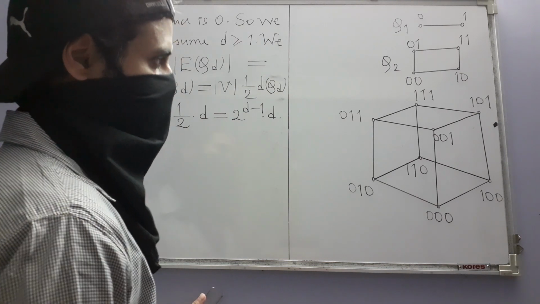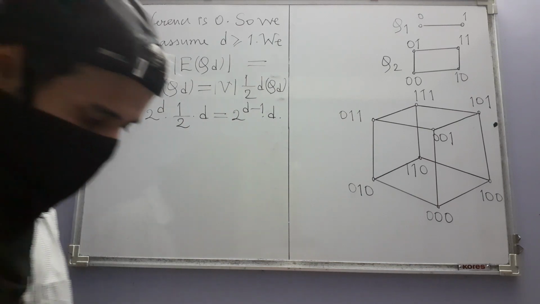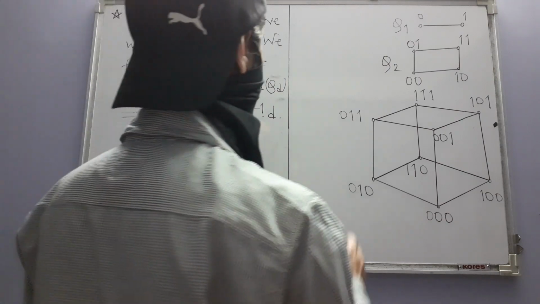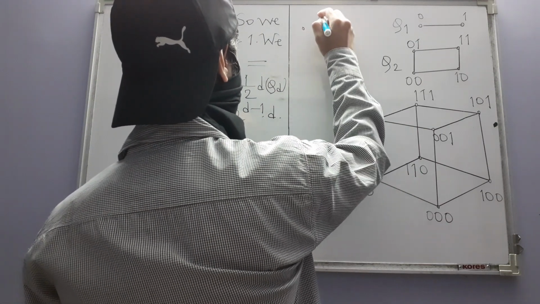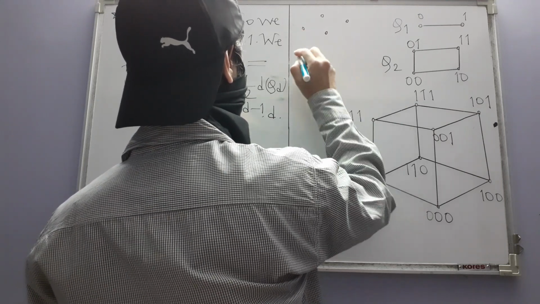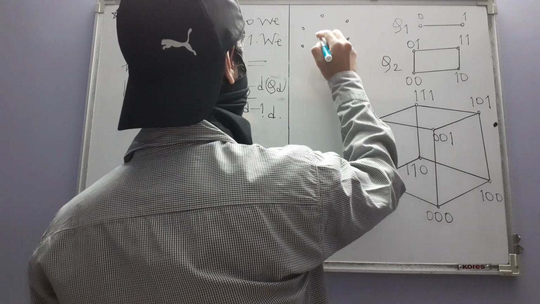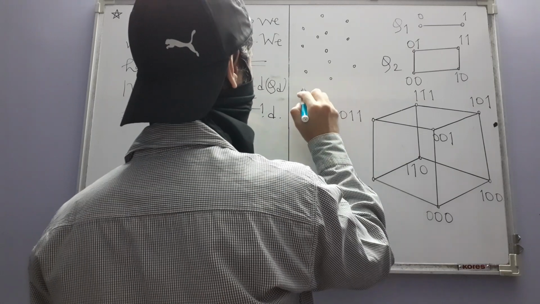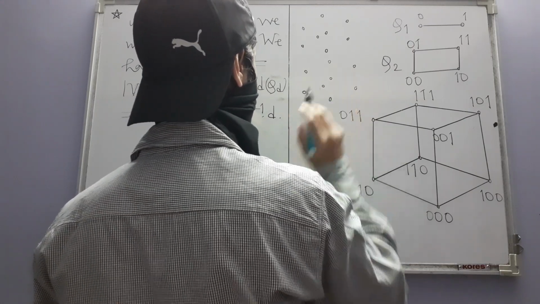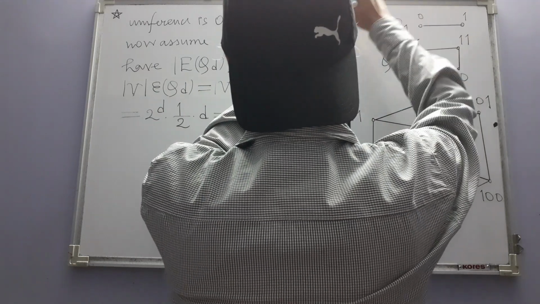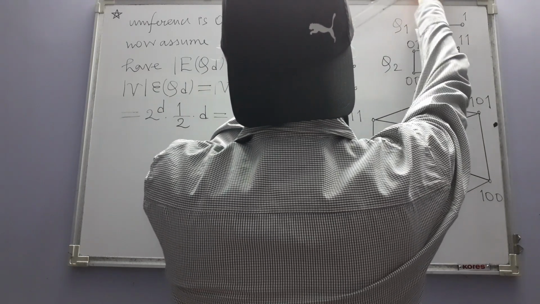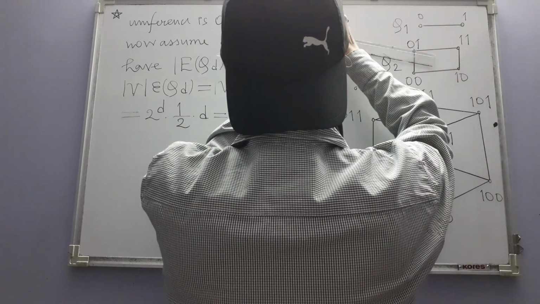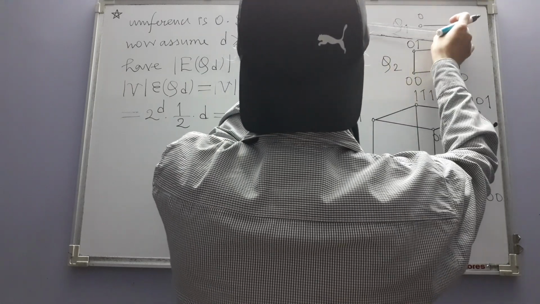Now, do you see one thing? That the 4D cube will just simply look like this. I am using a ruler because otherwise it will get too messy and you won't get the idea.